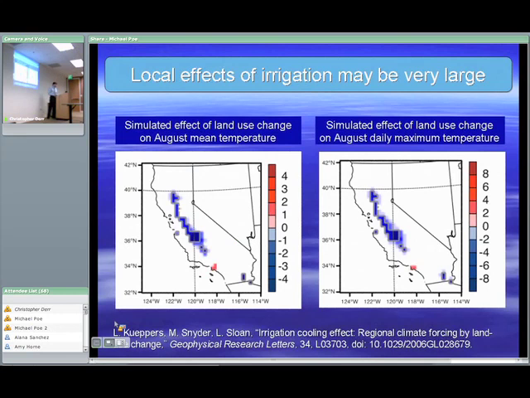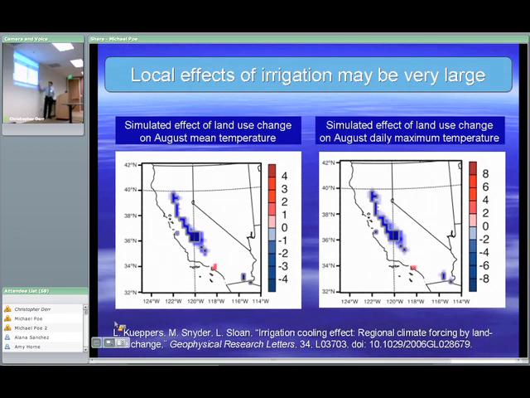Those are observations. These are model simulations of the effects of irrigation. These are a little crude in the sense that the way irrigation is represented in the model is that the surface is forced to be very wet. It probably overestimates the effect of irrigation, but nonetheless, the point is that the effects are potentially large. You can see that in these irrigated regions, the effect on the daily average temperature in August is several degrees.